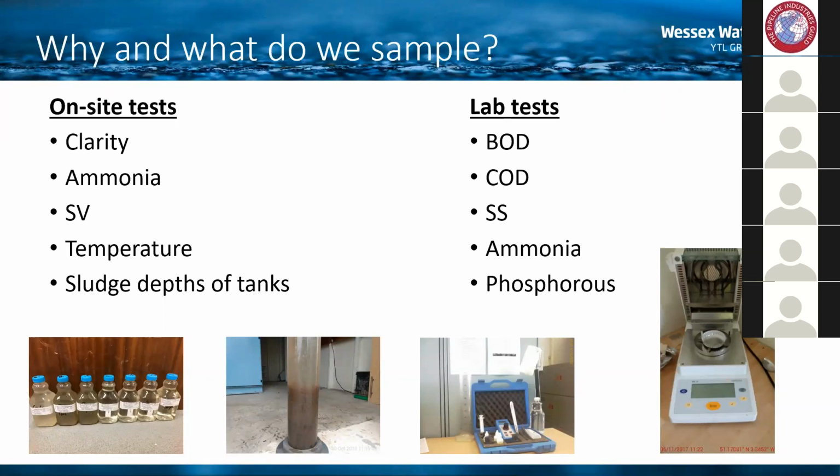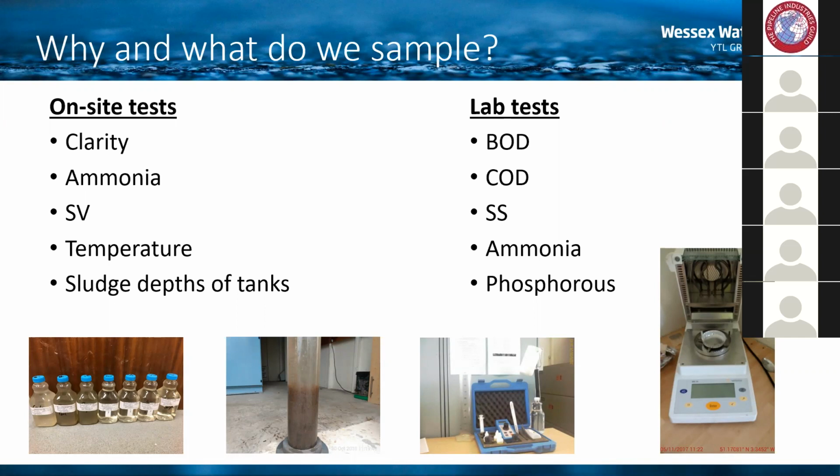If it doesn't settle very well, then that's an indication that we've got some of that filamentous bacteria, the bacteria that doesn't settle very well in the system, and we can carry out further investigations as to why that might be. If it does settle well, then obviously that's a really good sign, and it also helps us to gauge whether we've got the right amount of bugs in the system to provide adequate treatment.